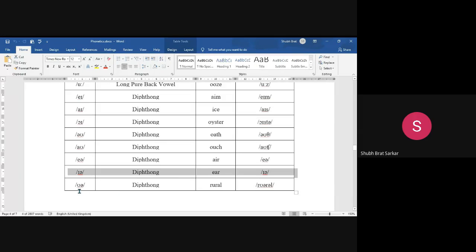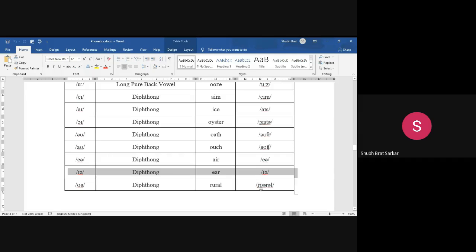Then we have ʊə, as in a word like rural. So we have r, ʊə, r, ə, l.